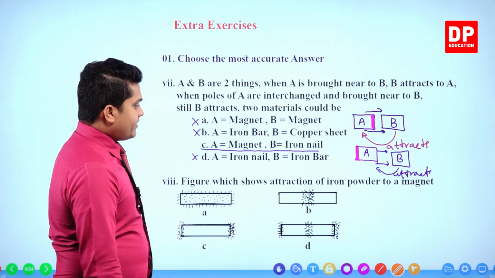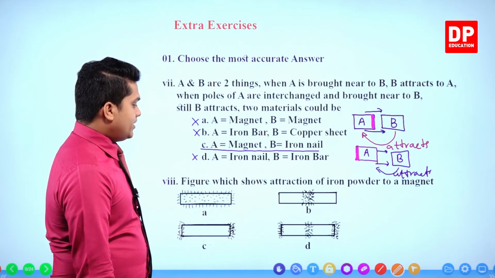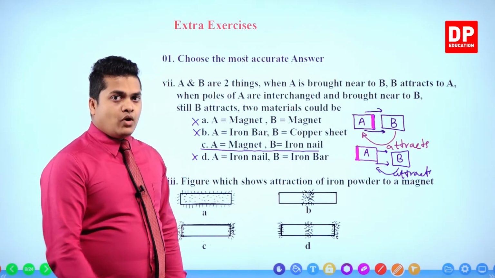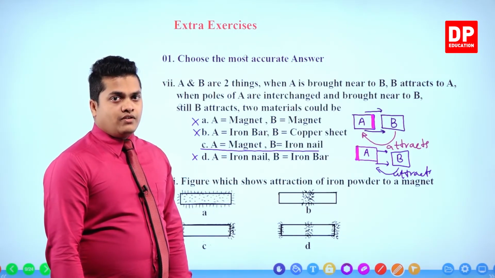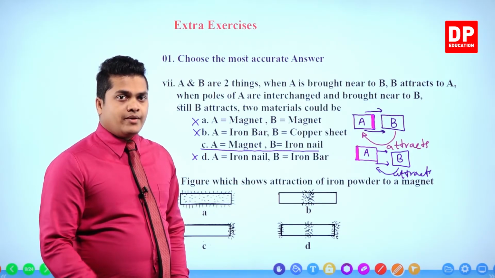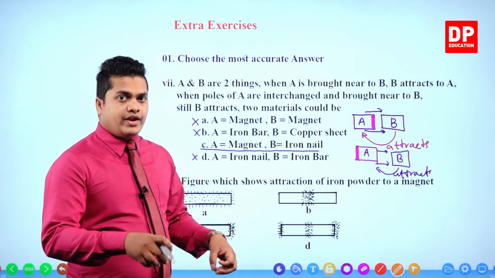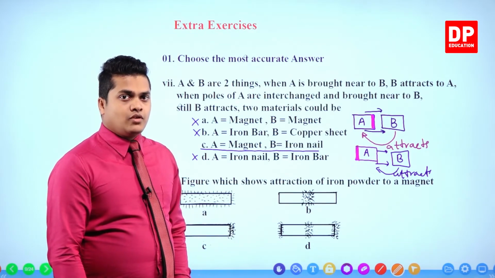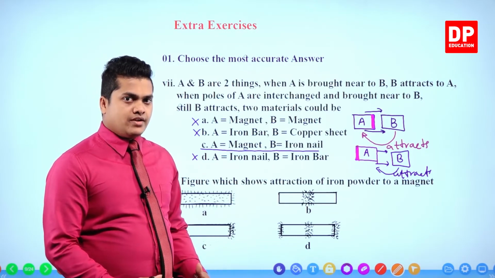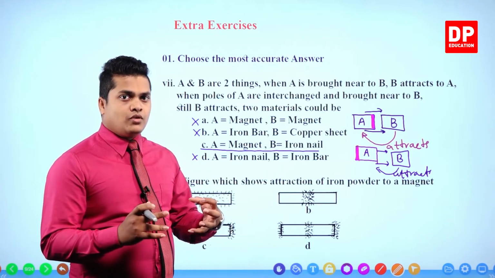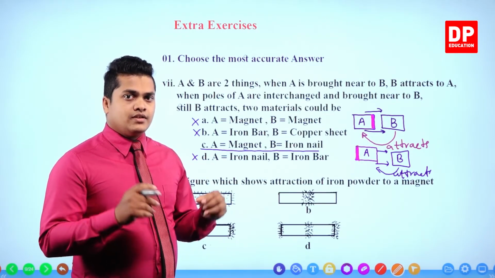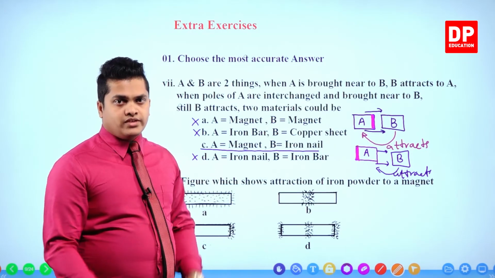Figure which shows attraction of iron powder to a magnet. If you take a magnet and put iron powder into it, it always attracts to the poles of a magnet. If you take a bar magnet, the poles, the area where the magnetic power is concentrated, can be observed at the two ends of it.